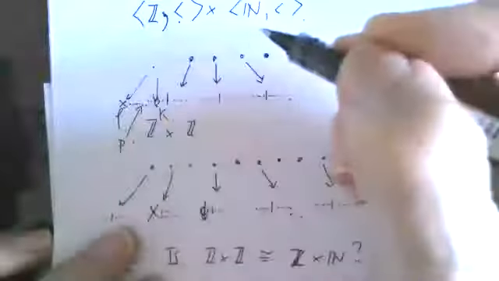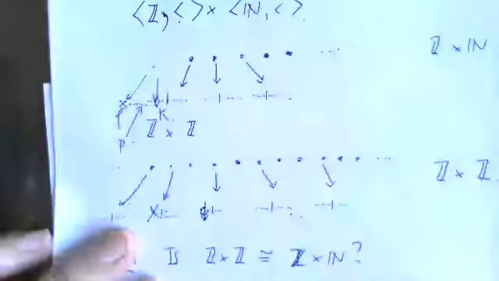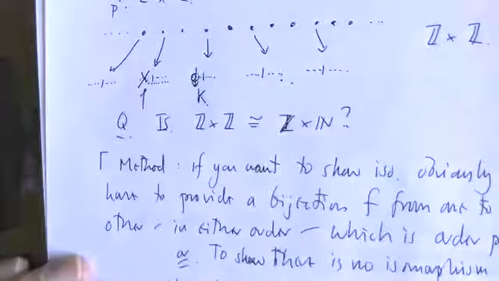Only finitely many P's in between here and here. And that's what goes definitely wrong over here. If this was my L and this was my K, I could have infinitely many in between.